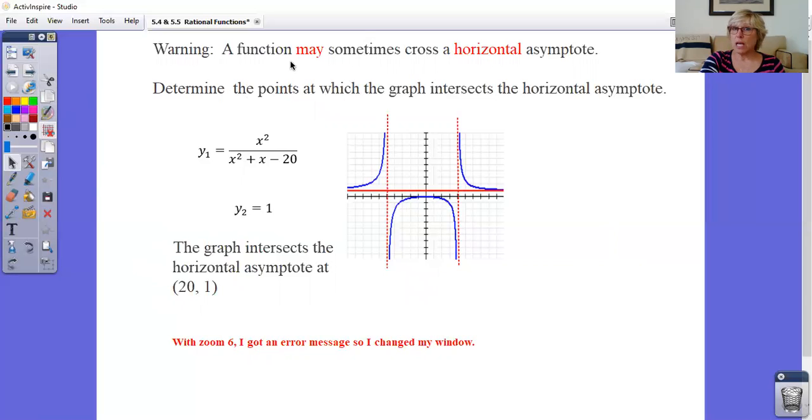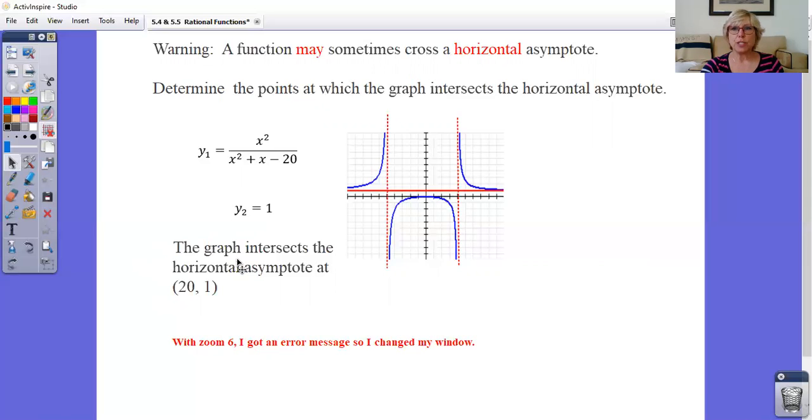Now, a horizontal asymptote. This is kind of cool. A function may sometimes cross a horizontal asymptote. So, on this example from MyLabs Plus, they're going to ask you to determine the points at which the graph intersects the horizontal asymptote. Okay, what I did, I put my graph in y sub 1. I had it there anyway because I wanted to see what the graph looked like. And in y sub 2, I have the horizontal asymptote of 1.